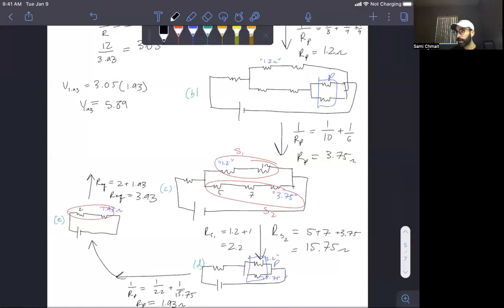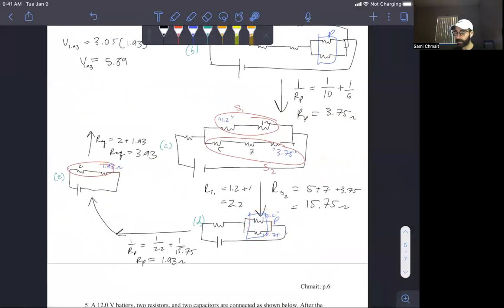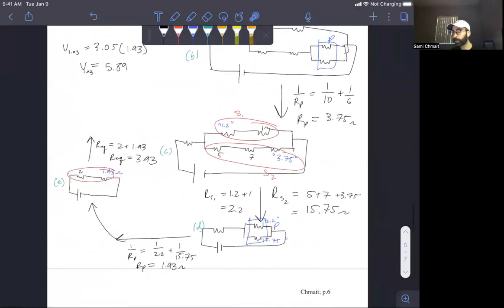Okay, and this resistor right here is made up of 2 resistors in parallel, and the voltage is constant for 2 resistors in parallel. So therefore, we can now apply this voltage to this one to find the current at this position, because we know the current at this position is constant in those above.